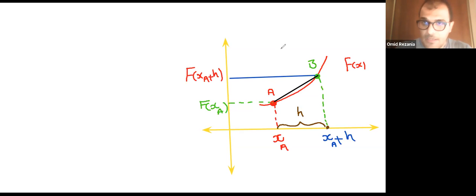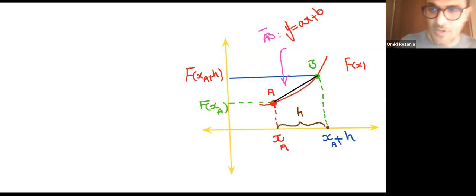Again, I know that the line AB is represented by another simple formula, y equals ax plus b. There is no difference at all. Again, the straight line equation is something very universal and there is no change.